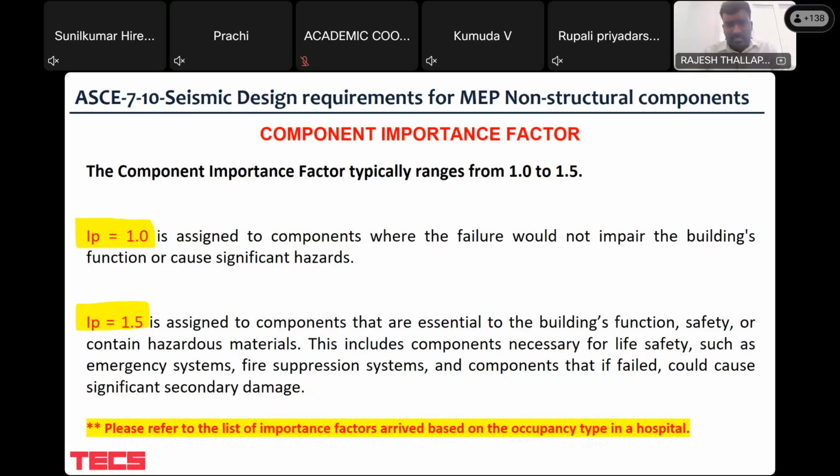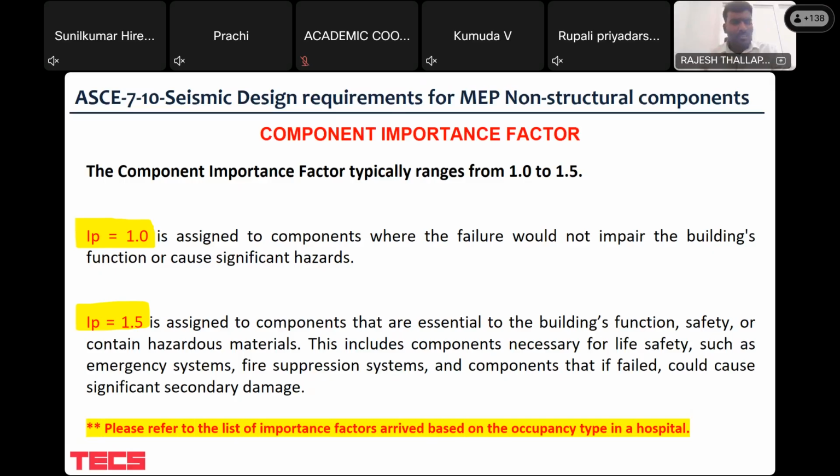What the research says is that any service or any non-structural element which is installed or attached to the structural concrete having importance factor 1 doesn't need to have any seismic requirement. You don't need to provide additional stiffness or additional support, or what we call anchoring or steel support, whatever you say.